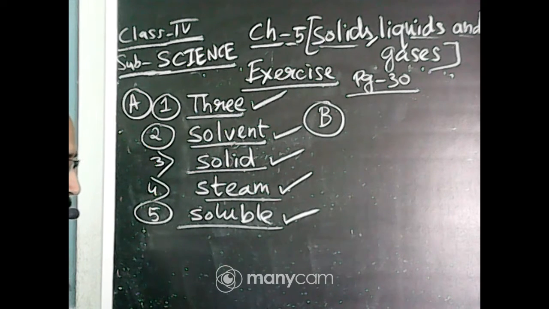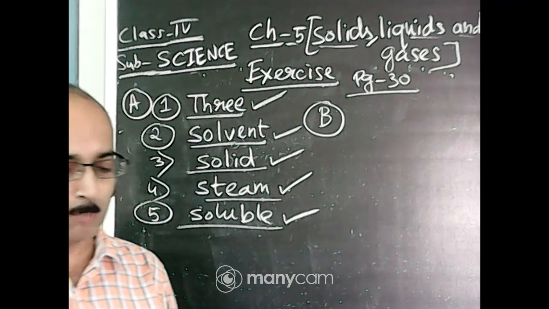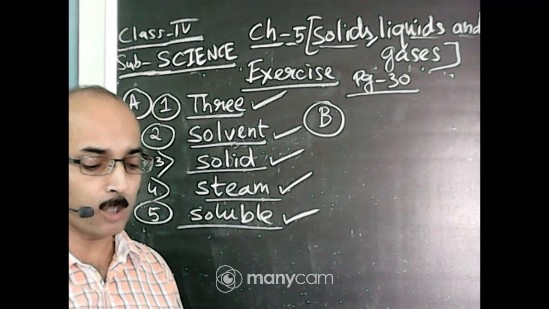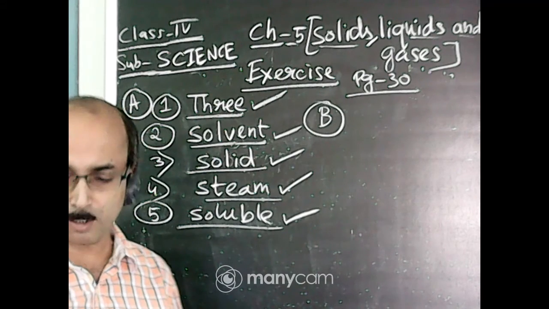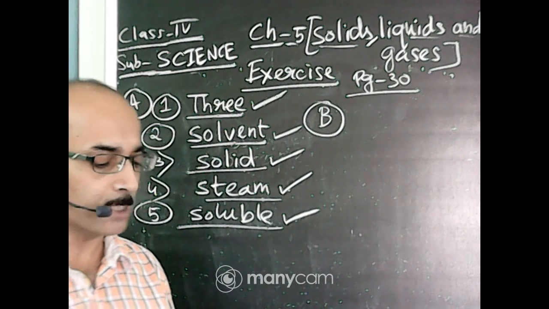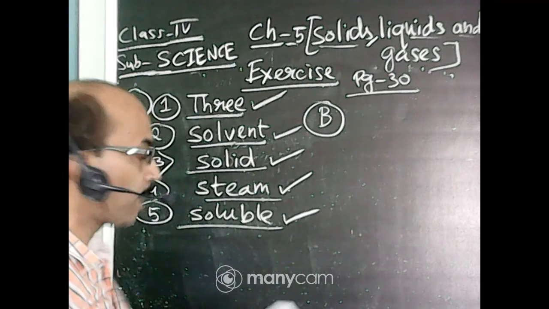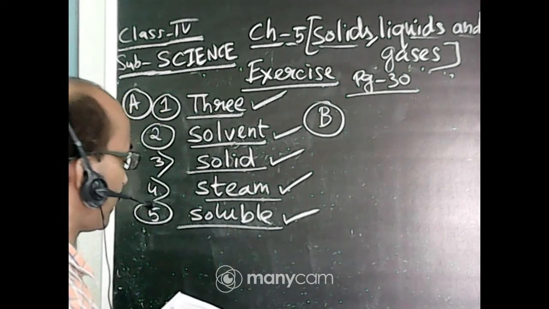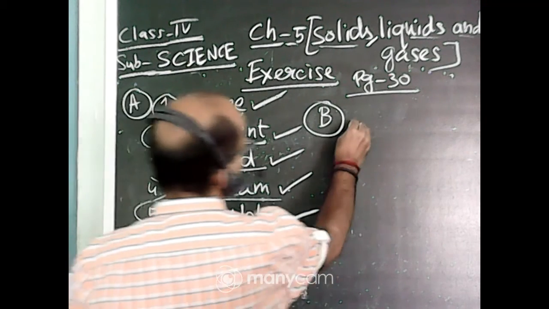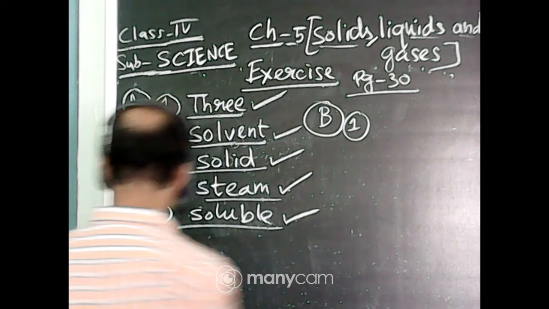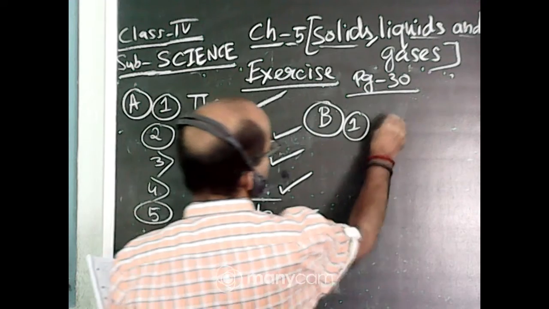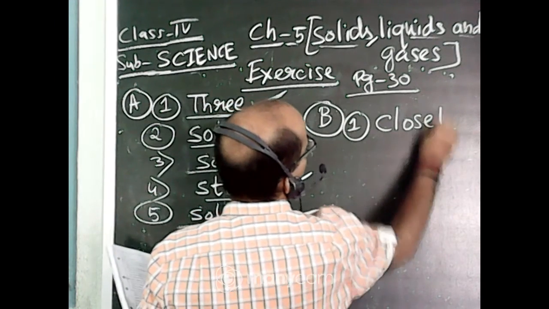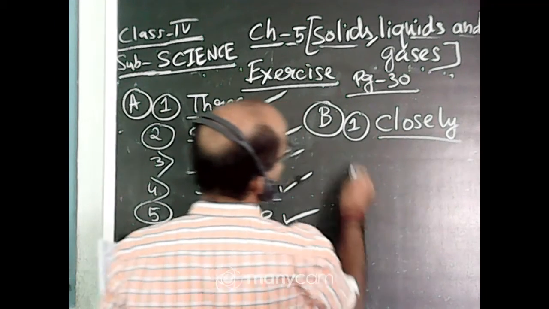Okay, very good. See, remember, fill in the blank. There are options given in the book, but in the paper I will not give you any option. You know this thing. You are getting the question paper. In the fill in the blanks, no options are given. You have to learn it, memorize the answer. So number 1, the molecules in solids are very closely packed.